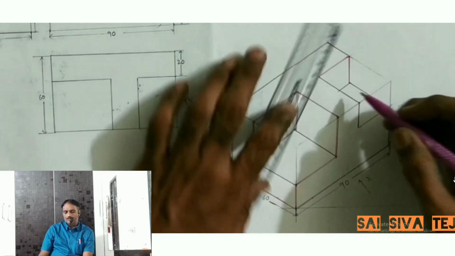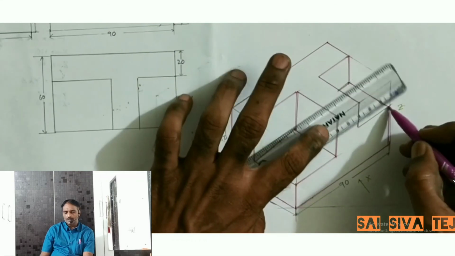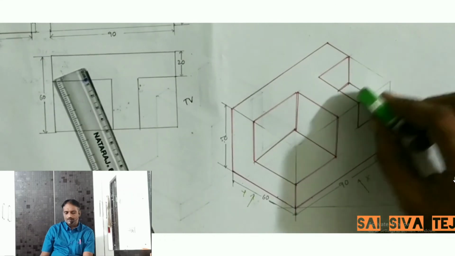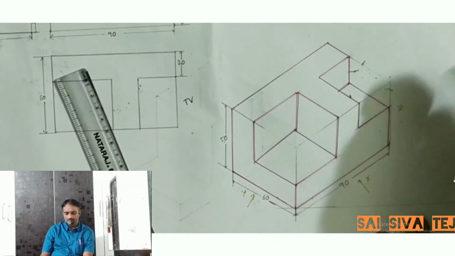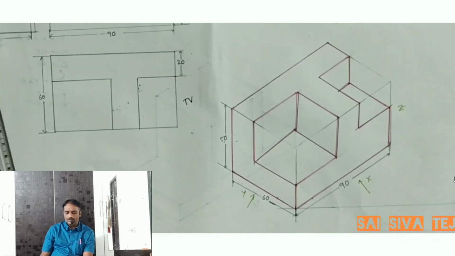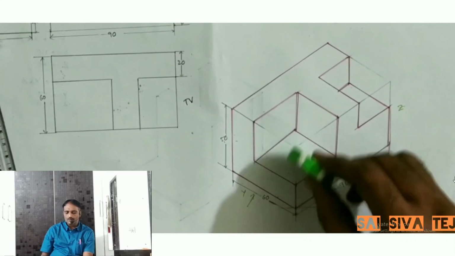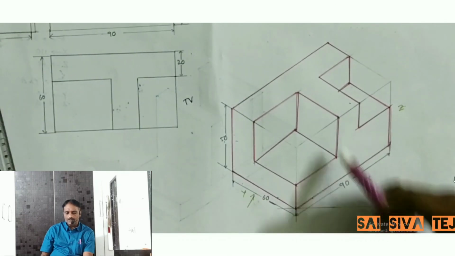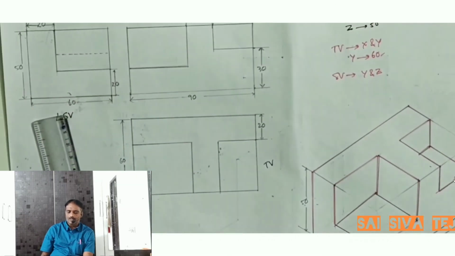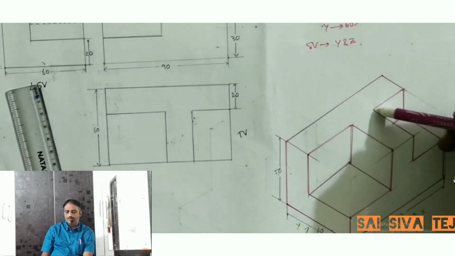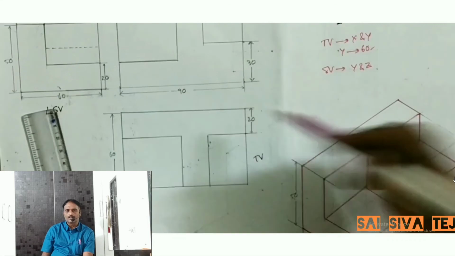So here there is the complete picture of the isometric view. I am erasing the unnecessary lines which are not required for us. That's it. Now if you want, you can compare the front view, top view and the left side view here. So in the left side view, we are going to get this dotted line because of that particular edge onto the other side of this solid.